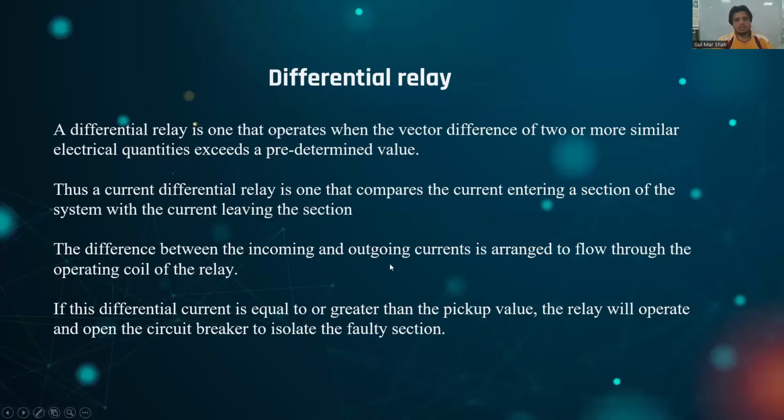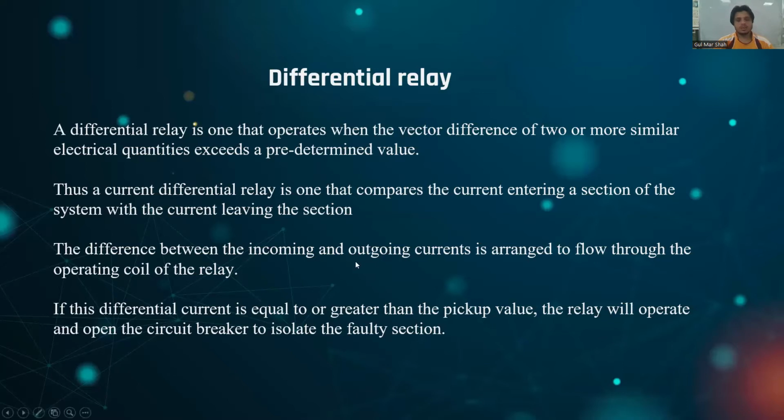A differential relay is one that operates when the vector difference of two or more similar electrical quantities exceeds a predetermined value. The differential current is compared at the input side and at the output side of the junctions.